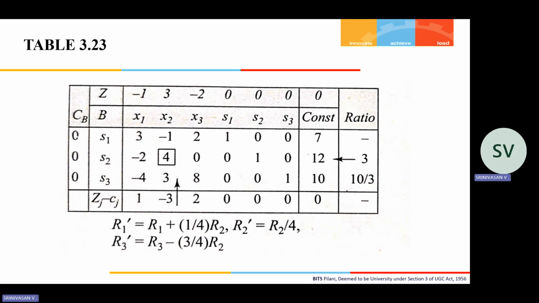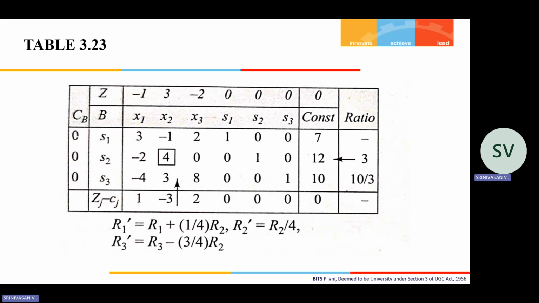That is, it has to go to first row or second row or third row, which is going to be identified as the pivot row. Which is the pivot row? For that, you need to go to ratio finding. Constant divided by the elements of the pivot column, only positive elements in the denominator.